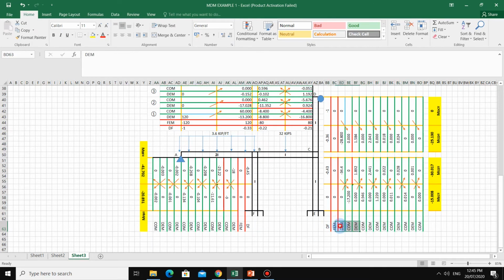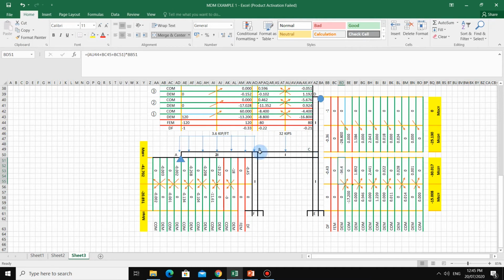Okay, so this is DM. So this is only for the first cycle. Okay, so how about this negative 34.4? So again, all FEMs of CB, CD, and CE, then times the distribution factor, which is negative 0.43.